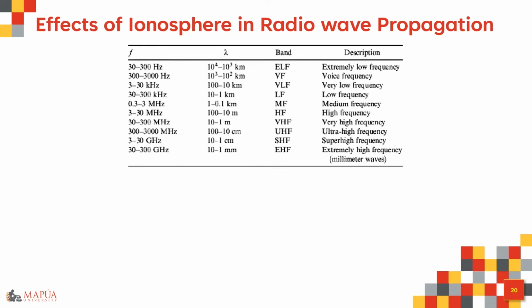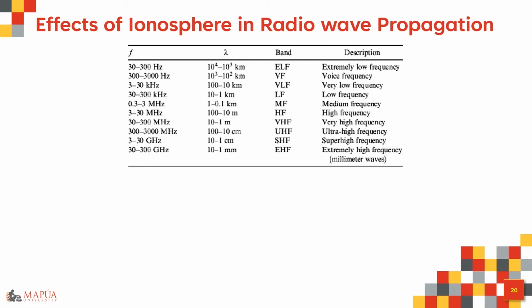You have extreme low frequency, that's ELF, then VLF, LF, MF, HF, VHF, UHF, SHF, and EHF. These are usually divided in terms of how they behave as they propagate through the ionosphere. So what do we mean by that?